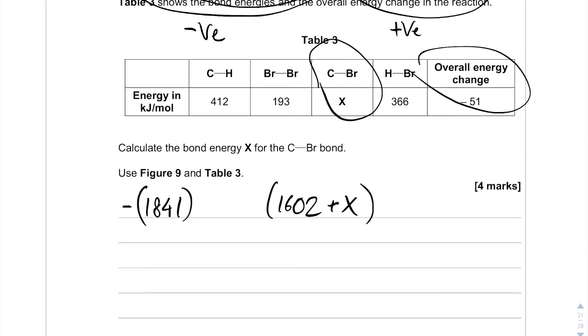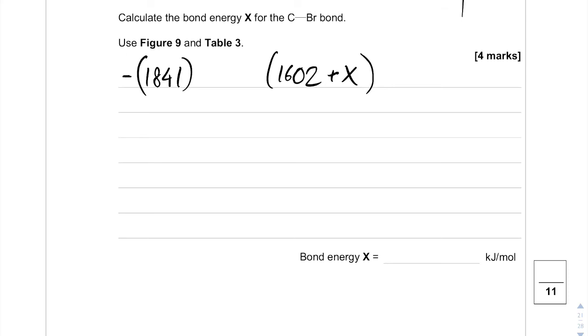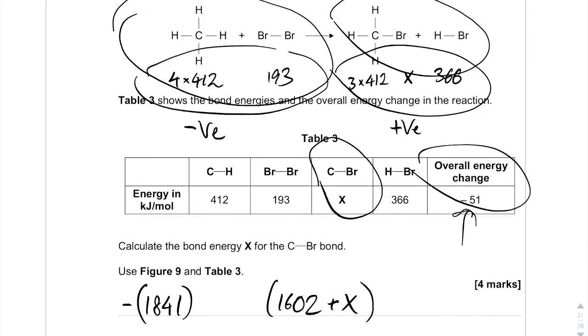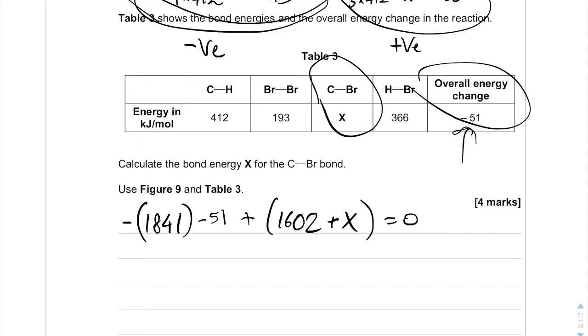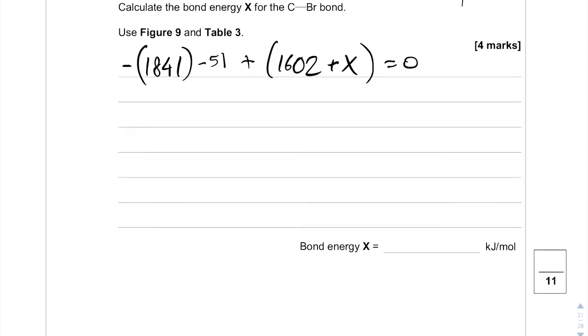Now we're going to consider the overall energy change, which in this case, because we're considering breaking as a negative change in input, would mean that the overall energy change is negative. So you just add minus 51 on the left. And that all added together must equal 0, just because of the conservation of energy.